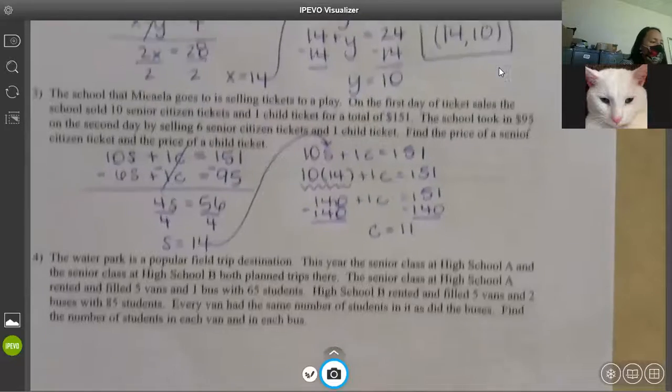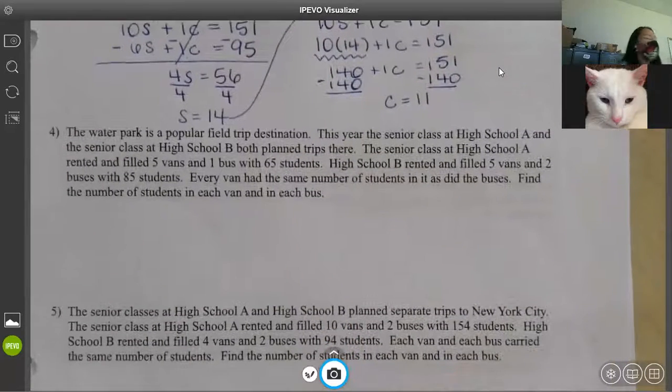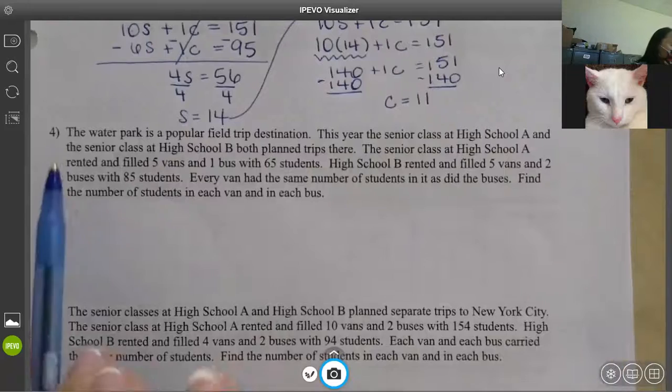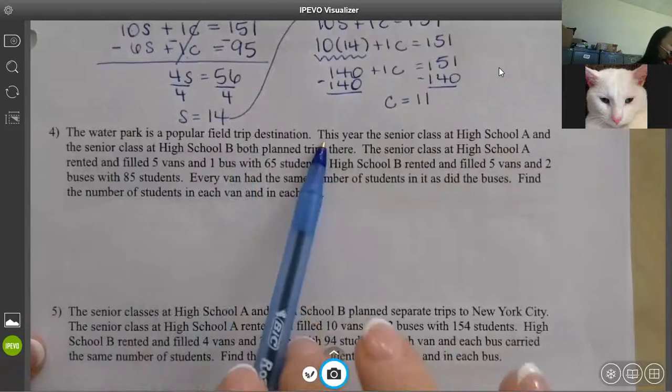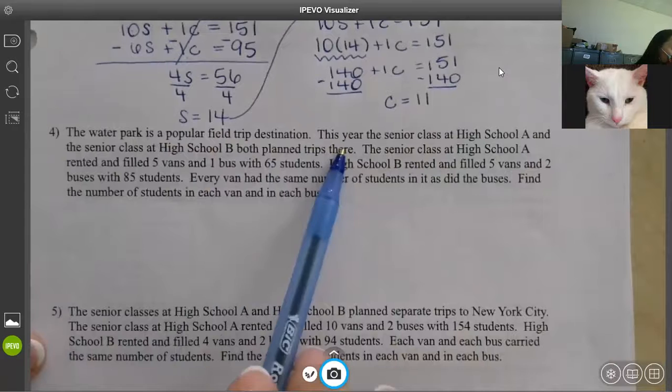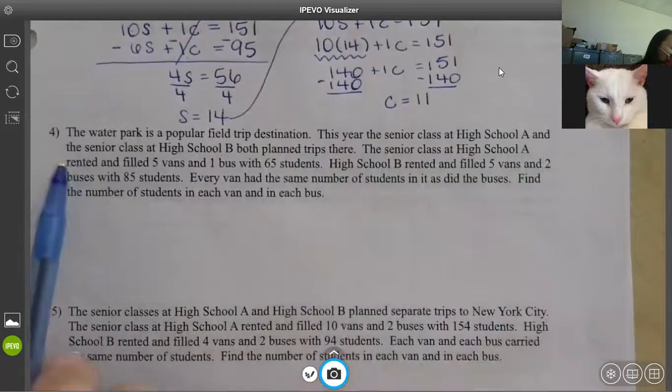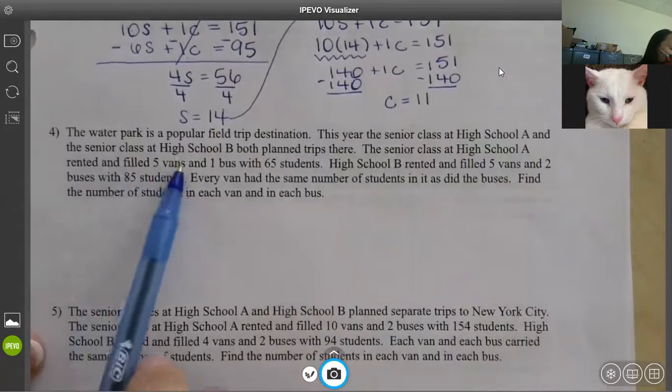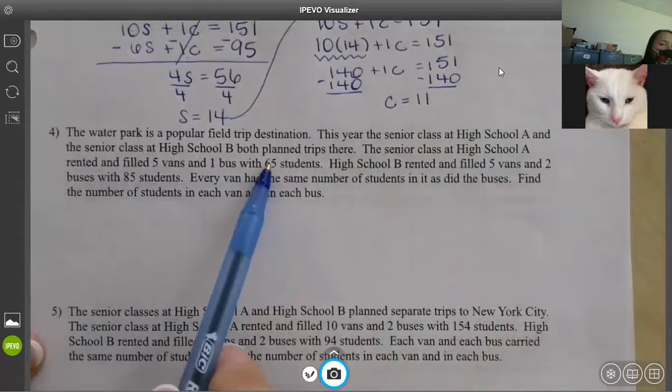So look at your next one. We're going to set it up and then we'll go back to Desmos. The water park is a popular field trip destination. This year, the senior class at high school A and the senior class at high school B both planned trips. The senior class at high school A rented and filled 5 vans and 1 bus with 65 students.